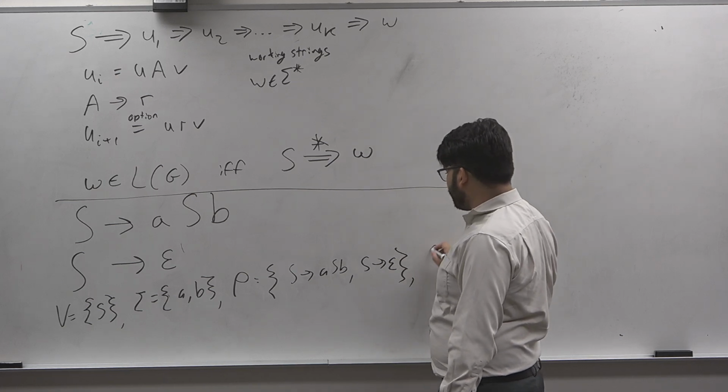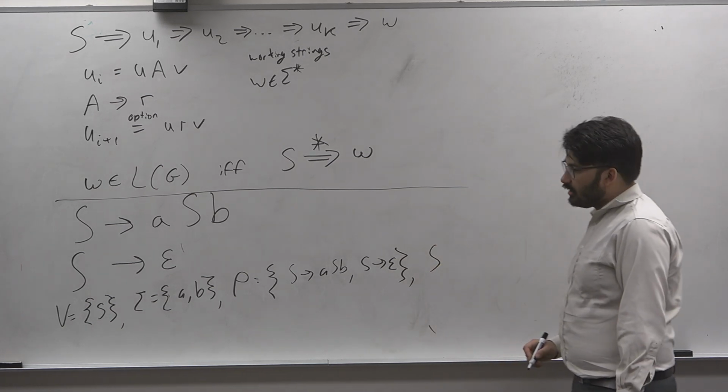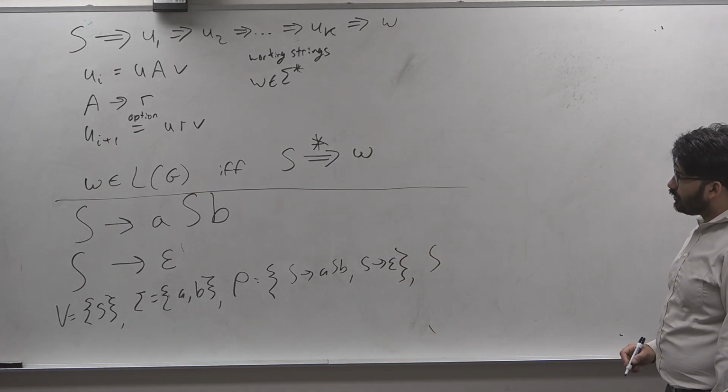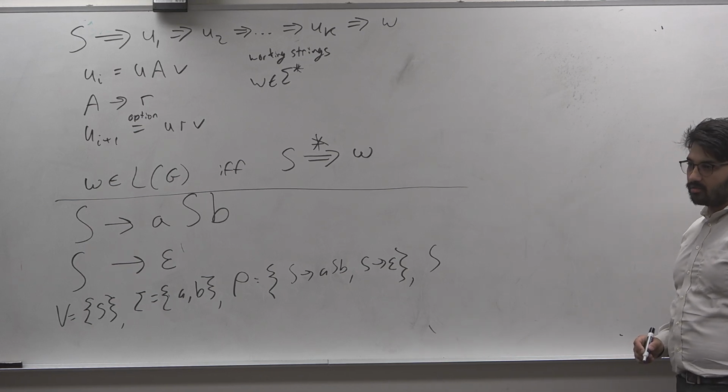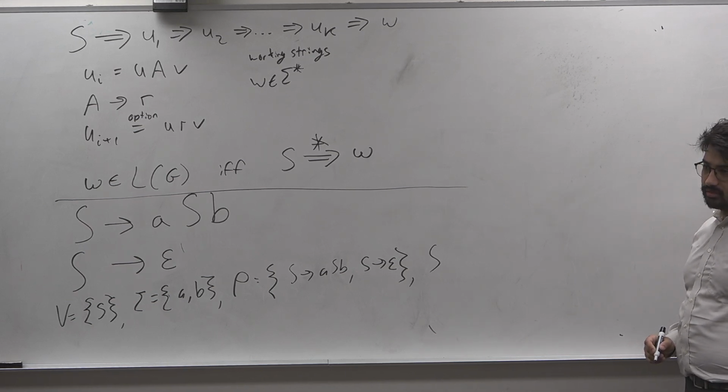And then the start is just S, of course. What do you think the language of such a grammar is? Actually, let's rewind. Let's throw some productions in there and see what happens.